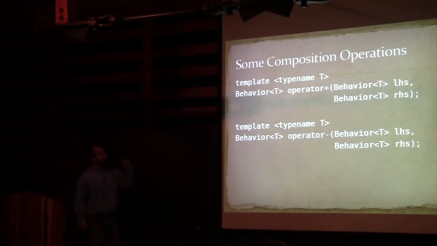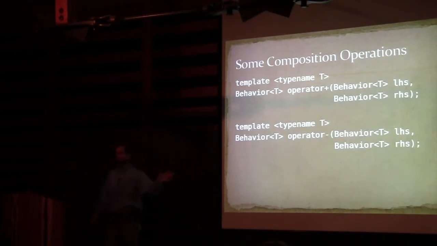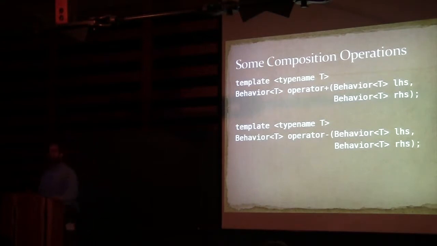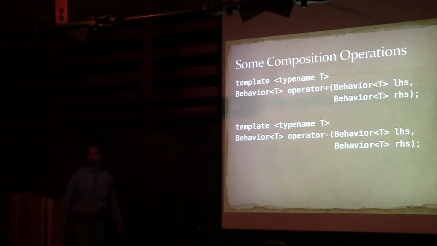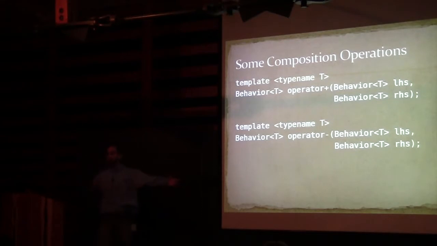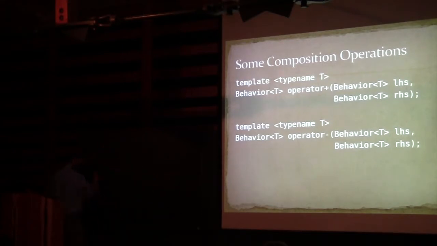Well, let's just be even more simple than that. Let's say we have two behavior doubles. What could it mean to add those together? So the comment was to add the doubles. Yeah. So if you have two double behaviors, you know they're functions of time. This one's like this.